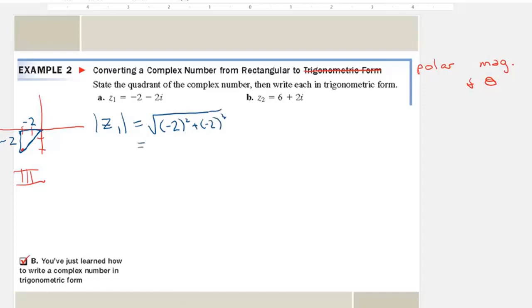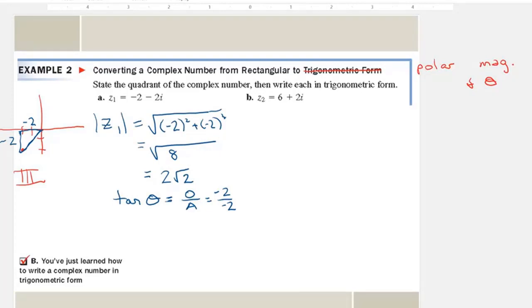And this is equal to the square root of 8, which is equal to 2 times the square root of 2. Now that's our magnitude. We know that the tangent of theta is equal to the opposite over the adjacent, which is equal to -2 over -2.